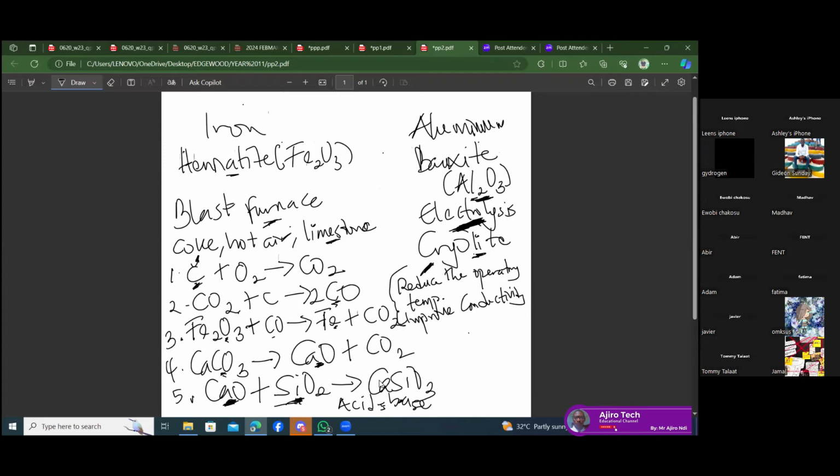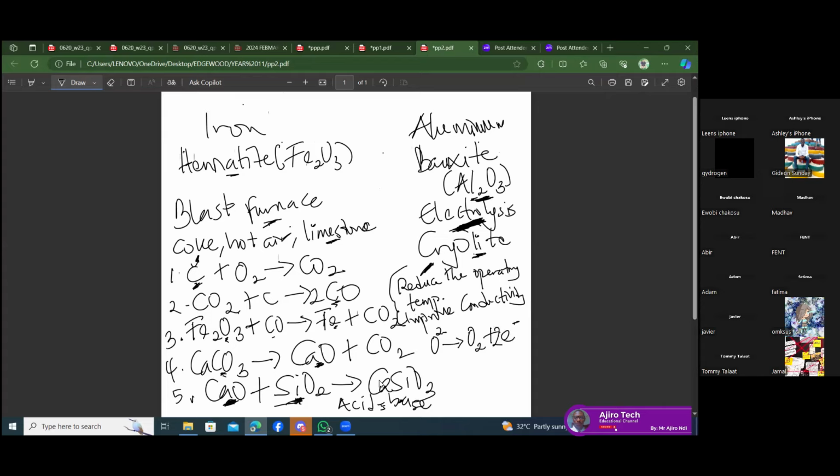So let's start with the anode reaction. Oxygen goes to the anode. So we're going to have O2 minus losing electrons to form oxygen gas plus the electrons that are lost.